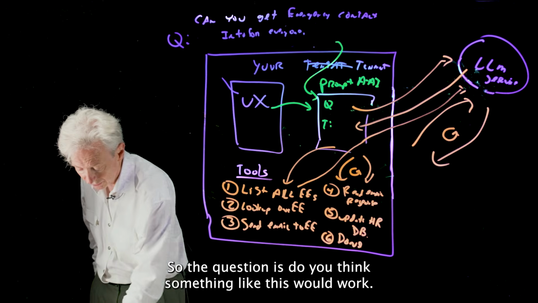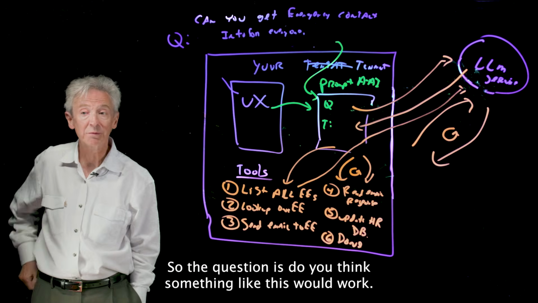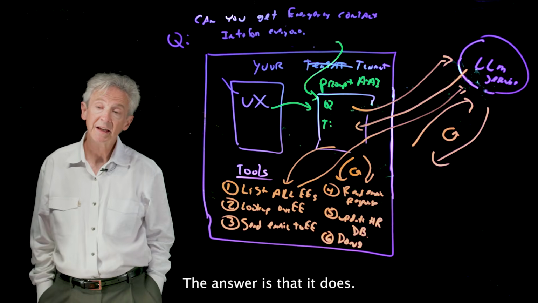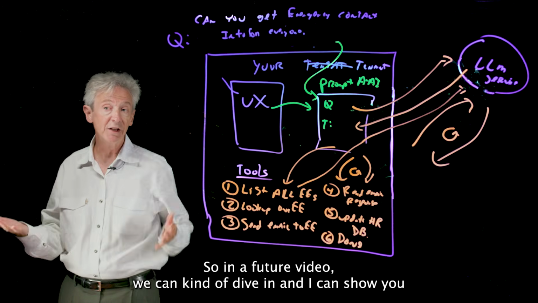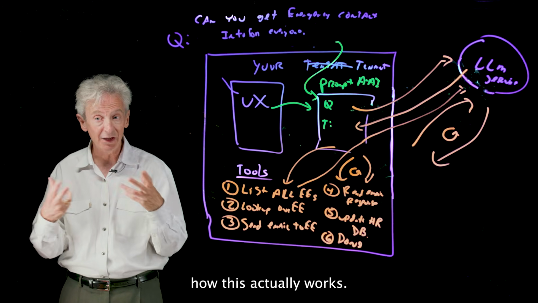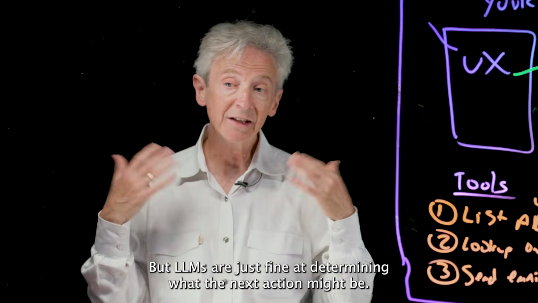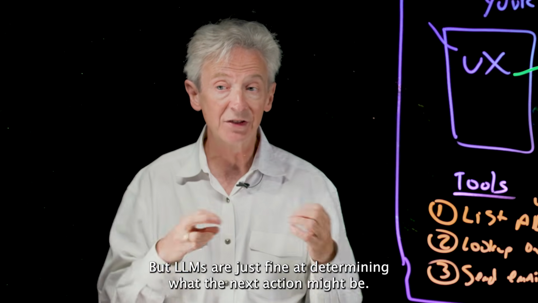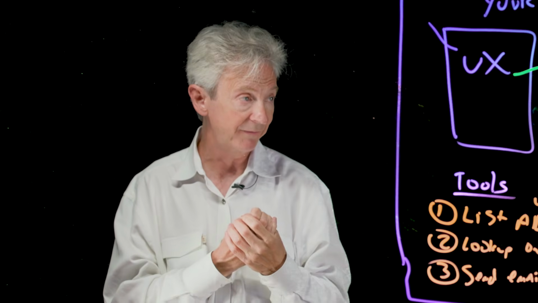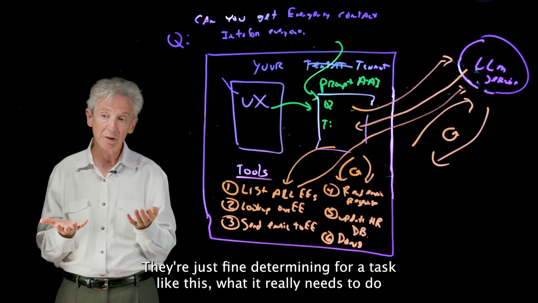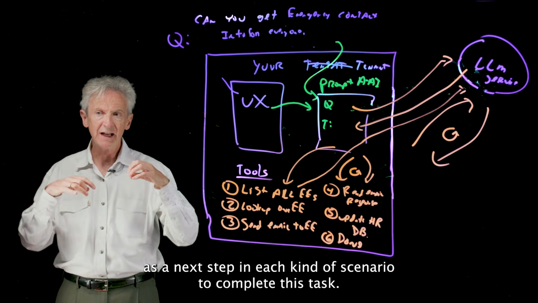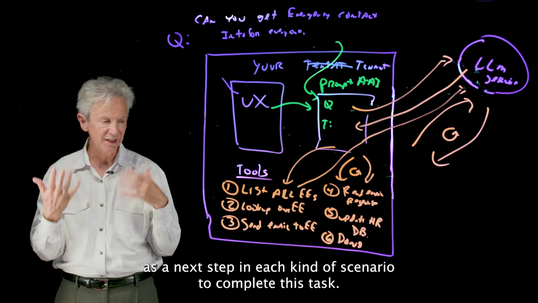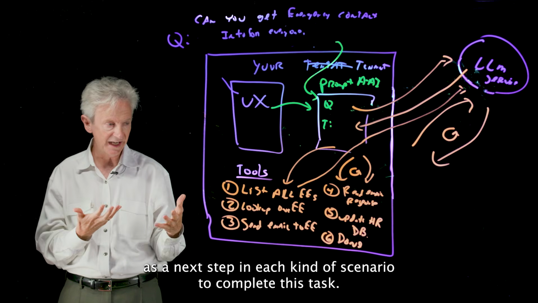So, question is, do you think something like this would work? The answer is that it does. In a future video, I can show you how this actually works. But LLMs are just fine at determining what the next action might be. They're just fine determining for a task like this what it really needs to do as a next step in each scenario to complete this task.